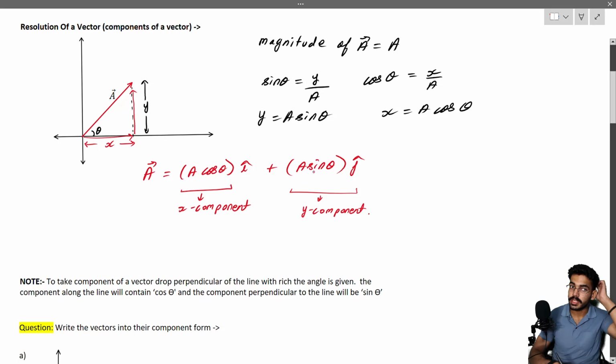Whatever magnitude is given, you drop a perpendicular, and then you take the component along x and along y. Along the x-axis I get the A cos theta component, and along the y-axis the A sin theta component. So that's how I can write any vector in this form.